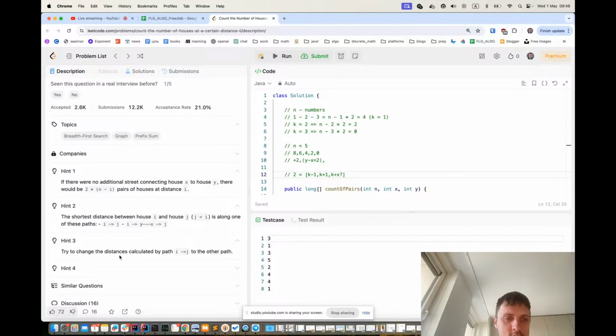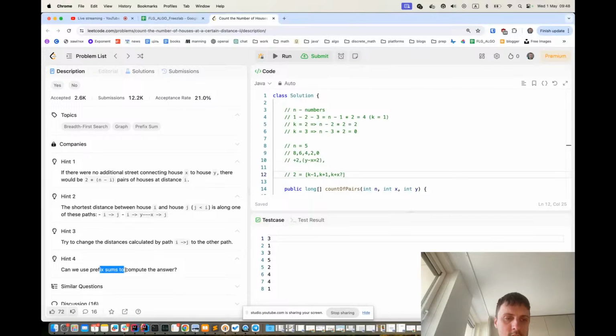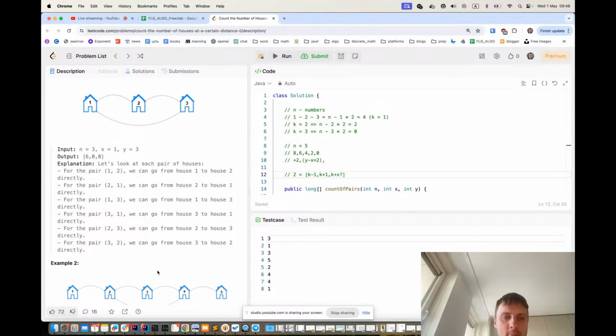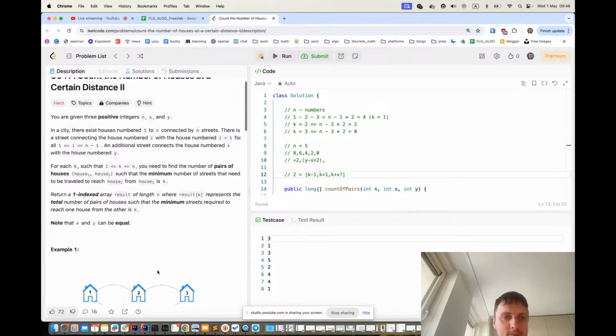Try to change the distance calculated by one path to the other path. Okay. Yeah, but can we use prefix sum to compute the answer? But how can we use prefix sum? Tell me, please.